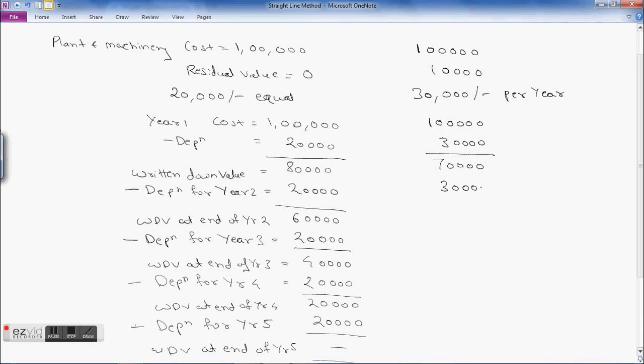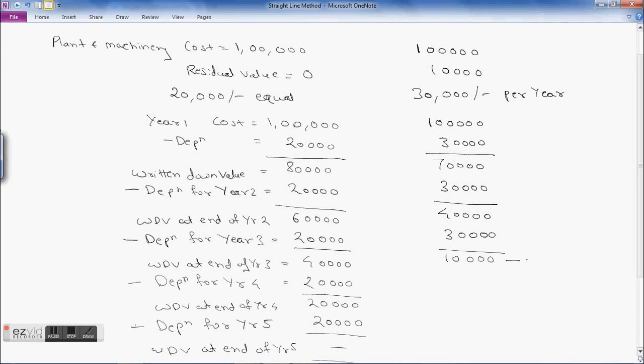Depreciation for year 2 is 30,000. Written down value becomes 40,000. Depreciation for year 3 is 30,000. Written down value comes to 10,000. Now see here, 10,000 was the residual value in our example.